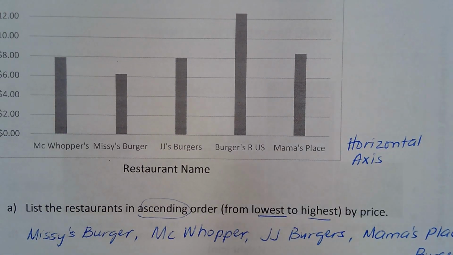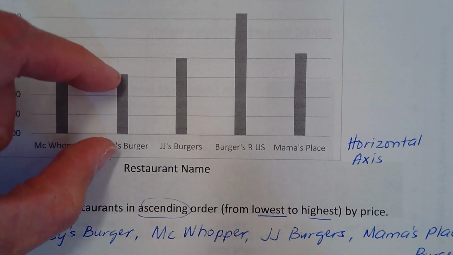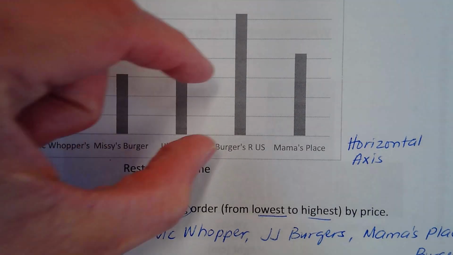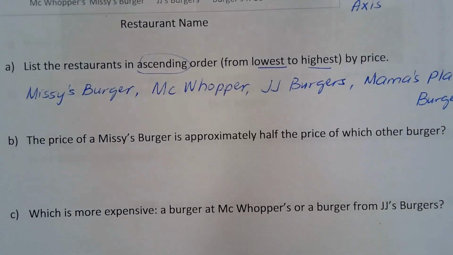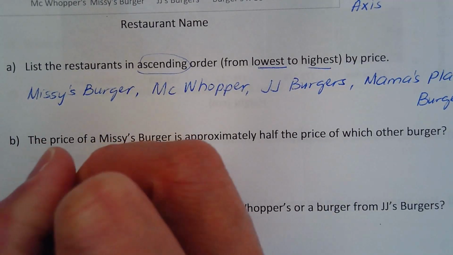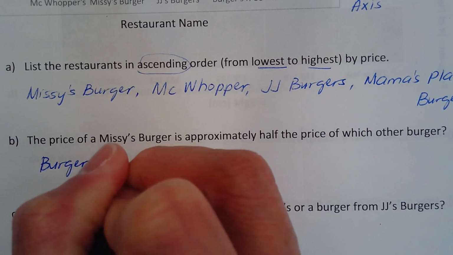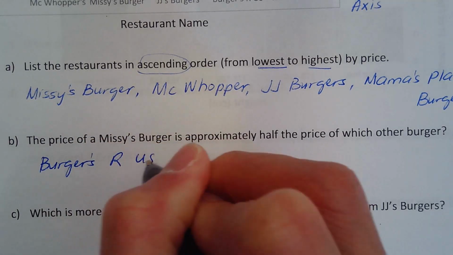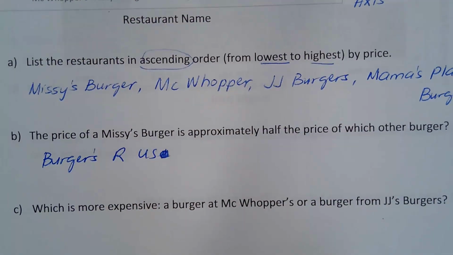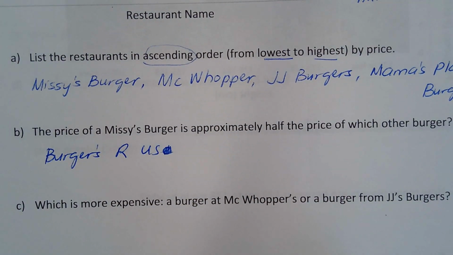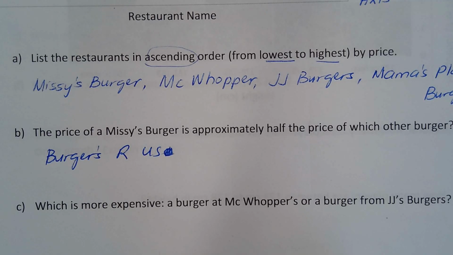Because it's like from here, half. Yeah, so Burgers R Us. It looks about right. Burgers R Us, $25 by a little bit, approximately.